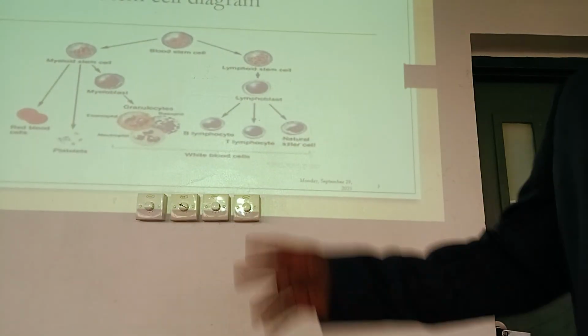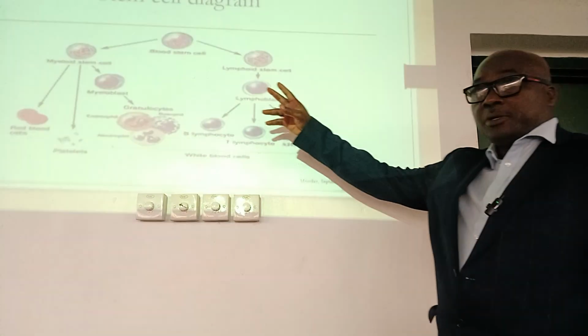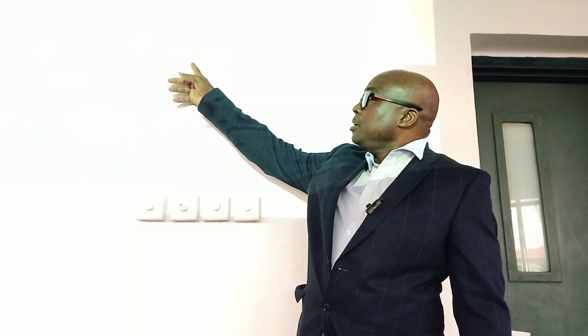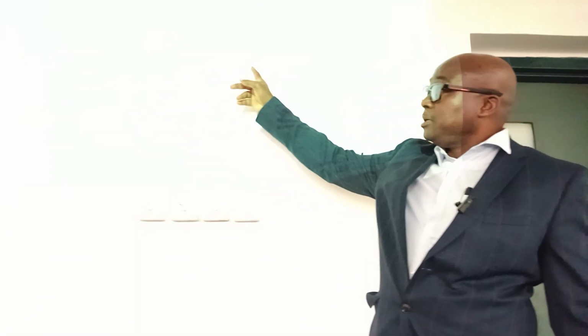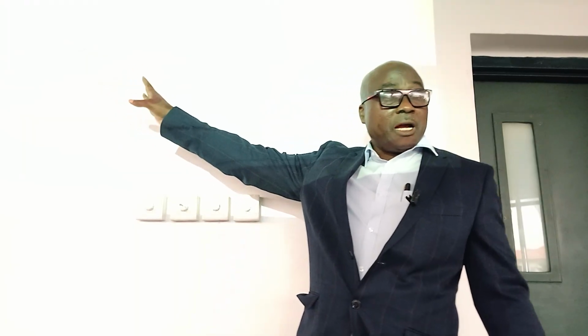Okay, but before then, this is just to remind us of the stem cell. From the hematopoietic stem cell, we give rise to the myeloid committed stem cell, and then the lymphoid committed stem cell. And this is what we are concentrating on, this side of the diagram.